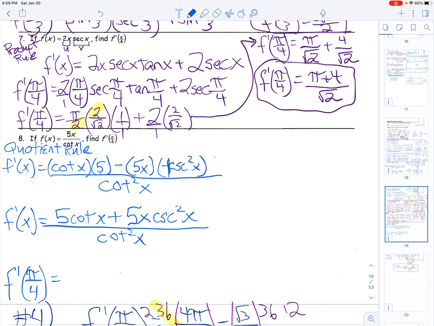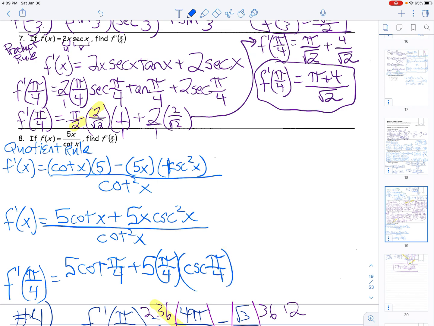So I'm going to plug in pi over 4. Right now, that's the derivative there. So we're going to do 5 cotangent pi over 4 plus 5 times pi over 4 times cosecant pi over 4 squared over cotangent pi over 4 squared.